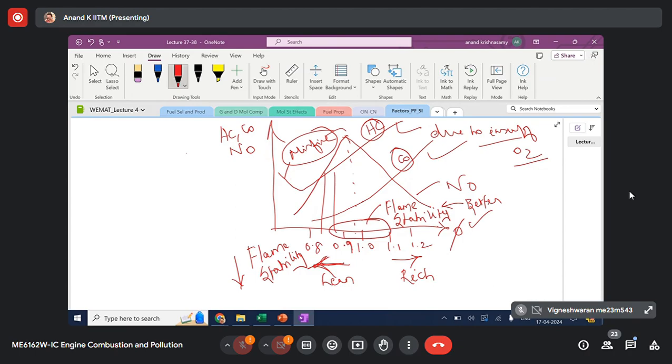Since you are forced to run an SI engine in this narrow domain around stoichiometry, you end up creating high pollutant levels, which is unavoidable. Otherwise, you won't have effective combustion in an SI engine. This is the reason why we are creating very high HC, CO, and NO in an SI engine.